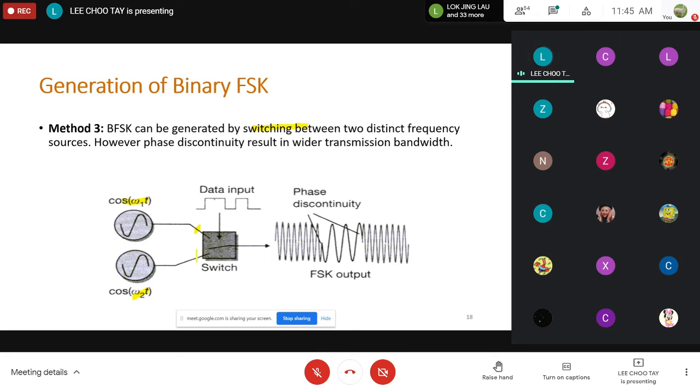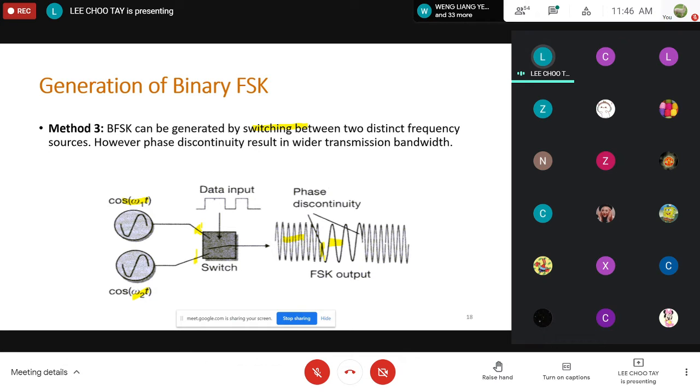So let's say if it's 0, then the switch will be connected to here, then we have this output. And if it's a binary 1, then the switch will be connected to the bottom, then we have this output over here. The problem with this switching method is that you will have some phase discontinuity over here, and this phase discontinuity will actually give you a wider transmission bandwidth.